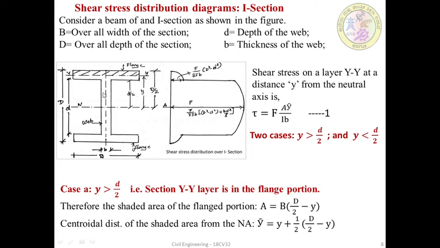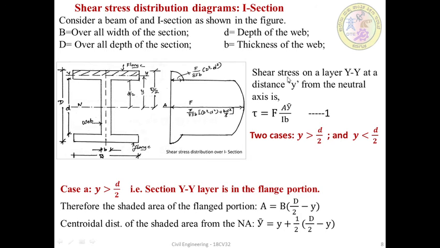Let capital B be the overall width of the section and capital D the overall depth of the section. Similarly, small d is the depth of the web and small b is the thickness of the web. So this is the web portion. The breadth is the overall breadth and the overall depth is capital D, and the width of the web will be small b, and the depth of the web will be small d.